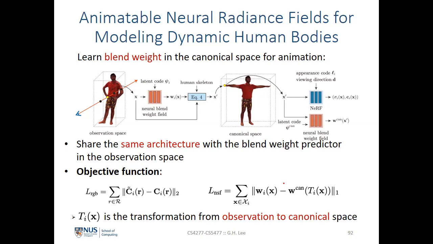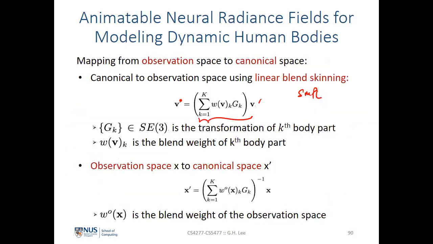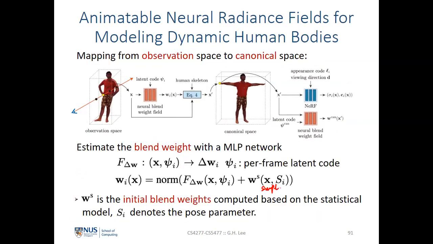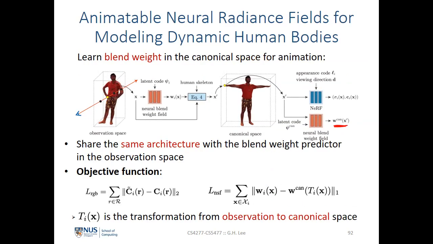Okay, so that means that this weight here is actually doing the inverse. It's actually this W0 here, compared to W over here, which is this part here. You can see that W canonical takes in the transformation of X from the observation space into the canonical space, and then we put it into this weight here.